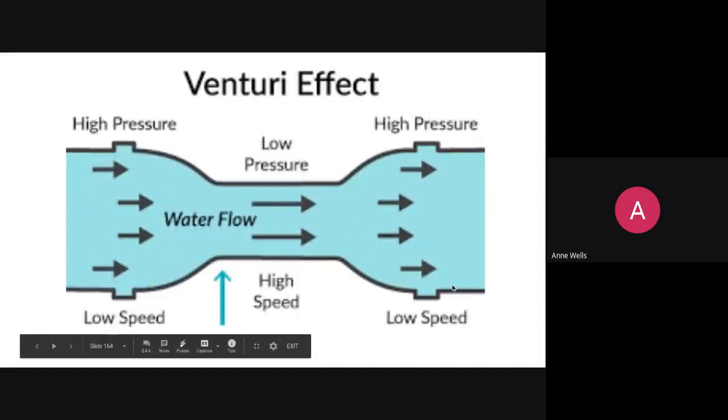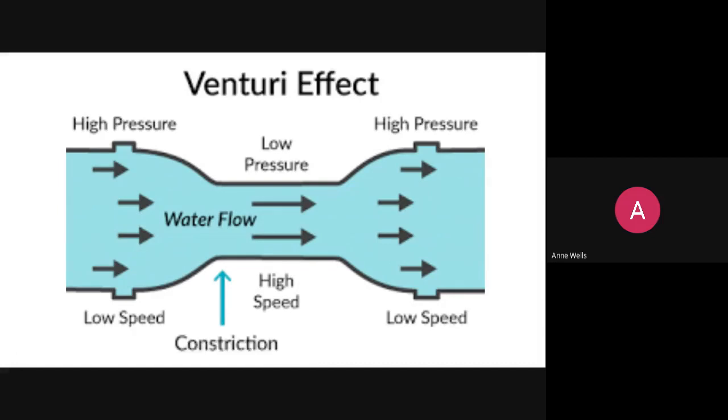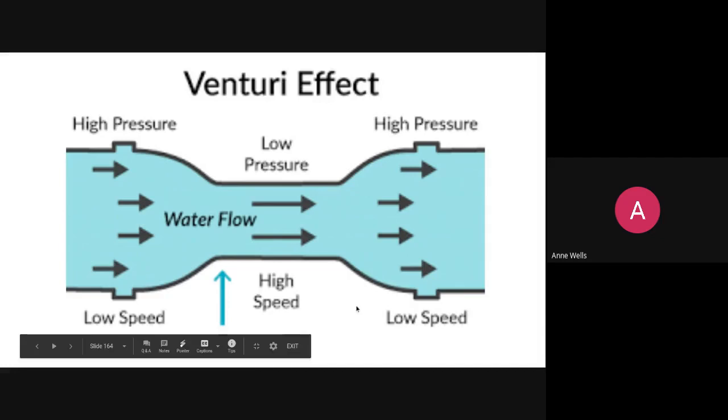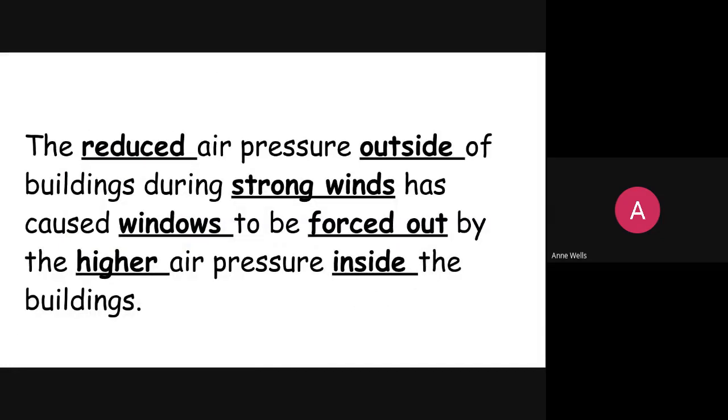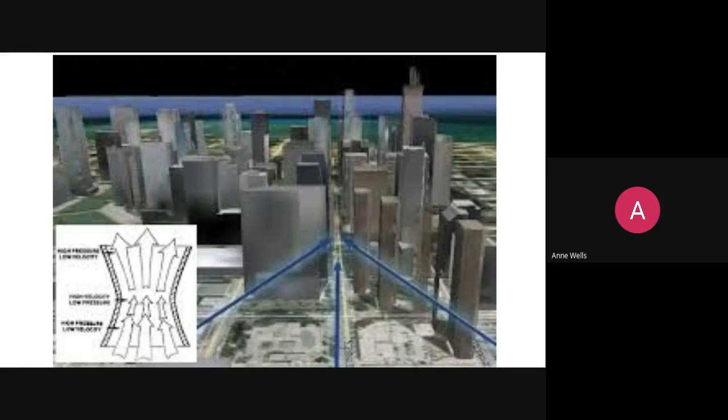If you look at this picture, you can see how when it's going in between the two smaller spaces, it's going to go faster, and this is going to cause it to have a lower pressure. The reduced air pressure outside the buildings during strong winds has caused windows to be forced out by the higher pressure inside the buildings. So this phenomenon happens in large cities where you have big skyscrapers.